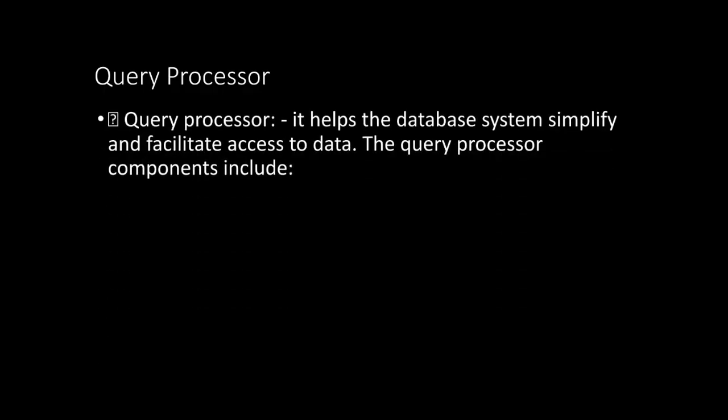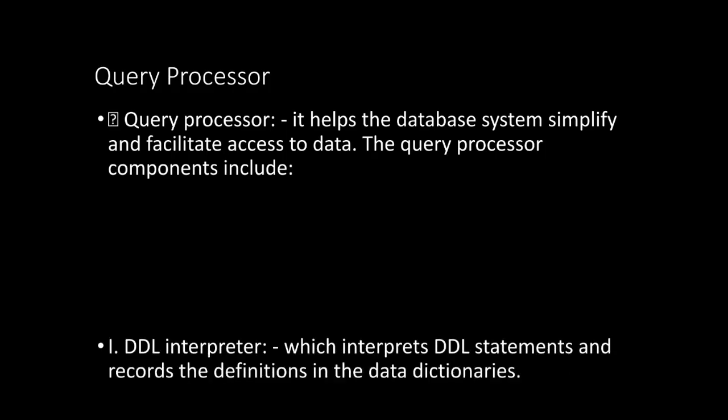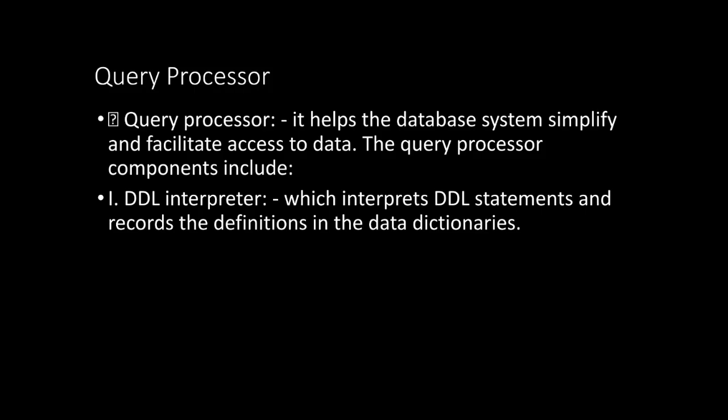Next, we are moving on to the query processor. So what is this query processor? As I told you, the storage manager is an interface between the query processor and disk storage. So now let us study about this query processor. Query processor mainly has 5 components in it. The first component is the DDL interpreter.